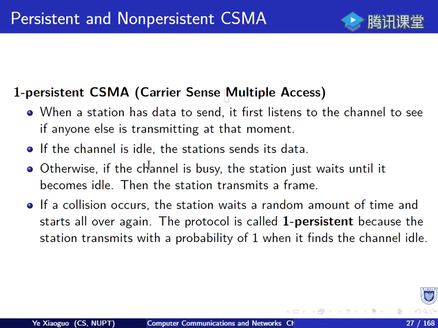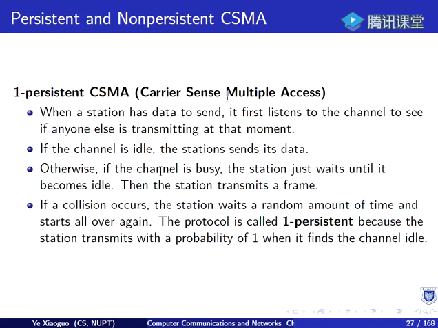If it is not 1 but 0.5, usually p-persistent, then if the channel is idle, the probability of transmitting a frame immediately is one half.